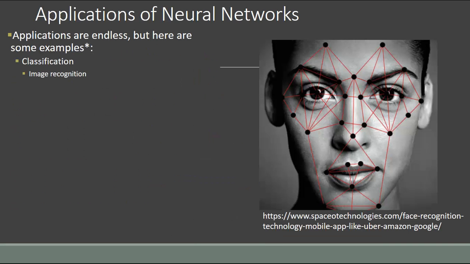Facial recognition software could use something like a neural network, taking in data, so pixels that tell something about the color and location. If it's a high resolution picture, there would certainly be a whole lot of data inputs into a neural network, but then you could use that to identify, does this set of data match a particular face?